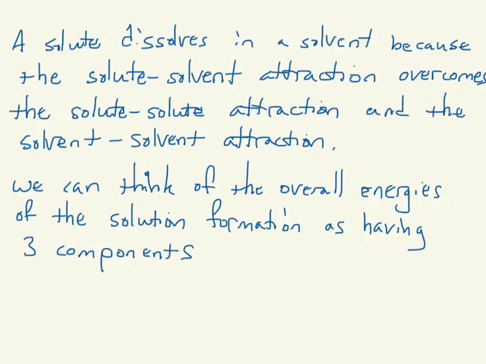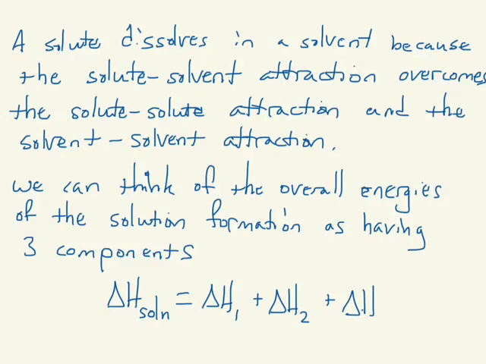All right, delta H. We have our delta H of the solution. The entire change in enthalpy, the change in energy of our solution, is going to be equal to the delta H of the first process plus the delta H of the second process plus the delta H of the third process. It's a three-step process. I'm going to go over what each of these processes are in one quick moment on the next page.